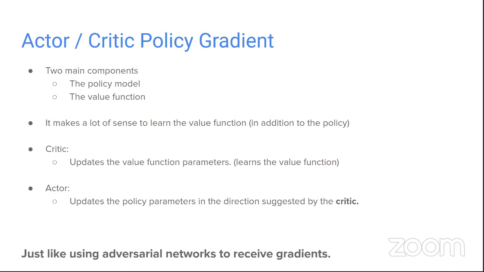So the critic is learning that function so that we can update our policy variables better the next time. I think this looks a lot like adversarial networks, but it's not adversarial, but one of them is helping the other.